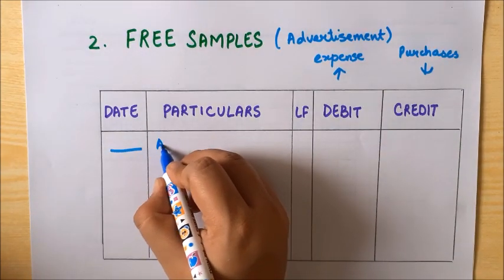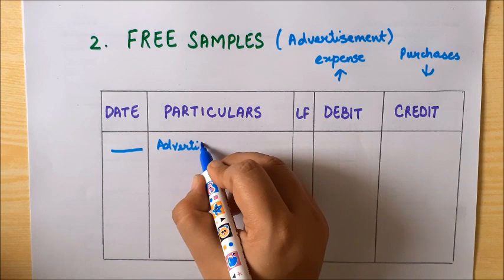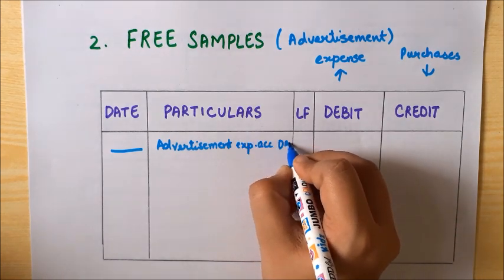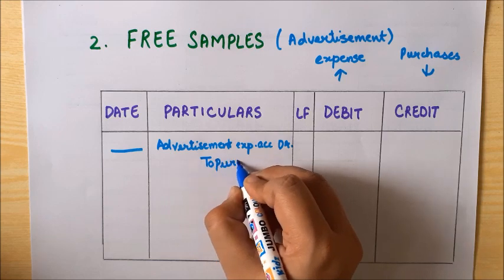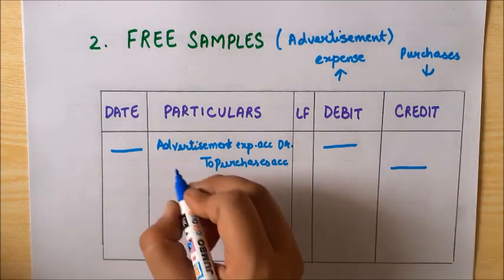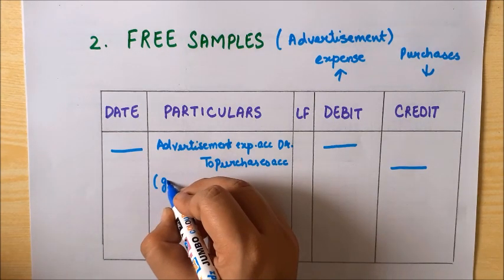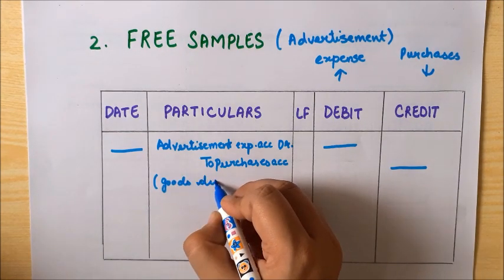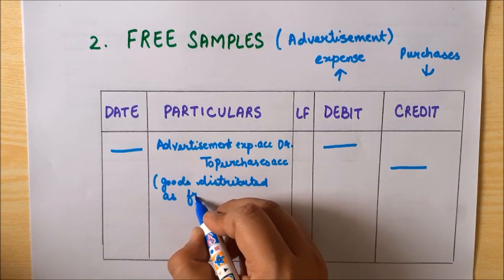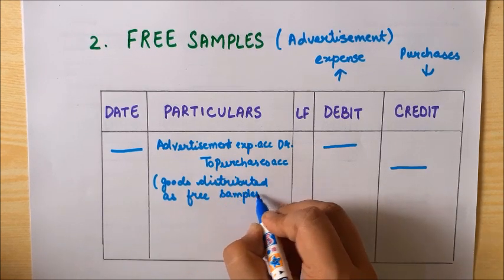Here is the entry: advertisement account debited, since it is an expense for the organization, to purchases. You will write the debit amount in the debit column, the credit amount in the credit column, and the narration is very important: goods distributed as free samples.